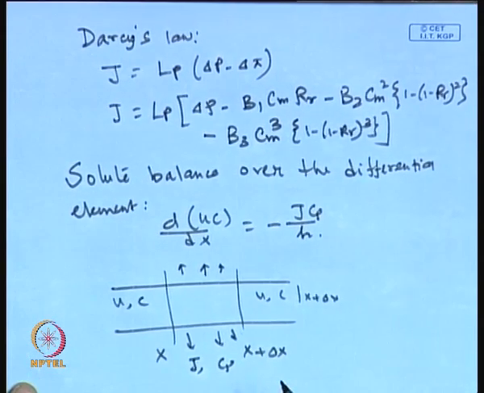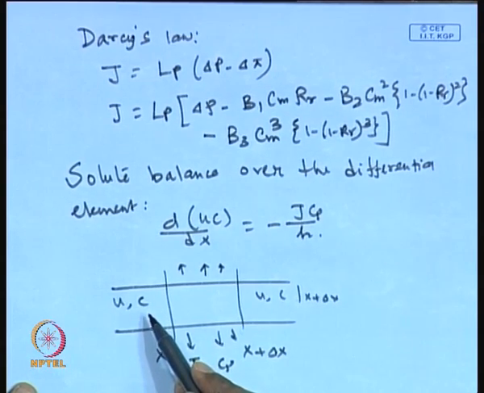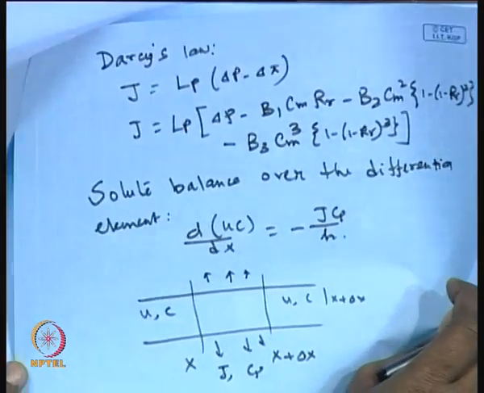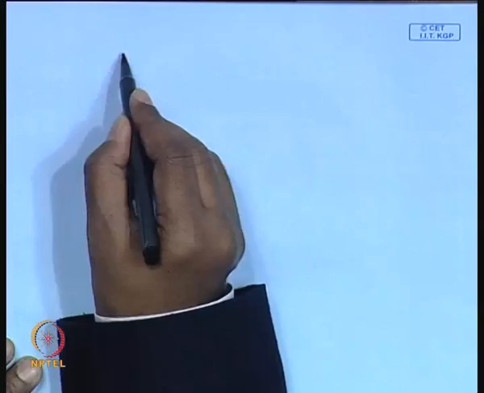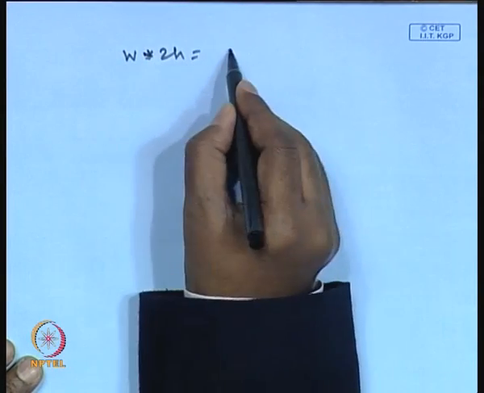So, total solute coming into the system is u times cross sectional area, right, multiplied by C, that is the total solute going into the system. So, if you do that, what is the cross sectional area? W times 2H, okay, that is the cross sectional area.